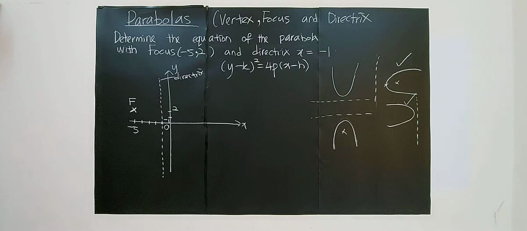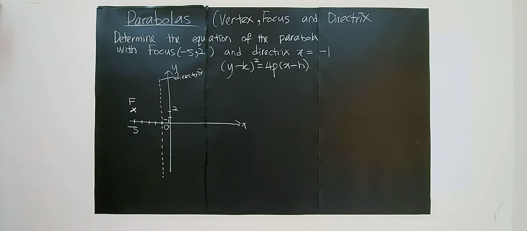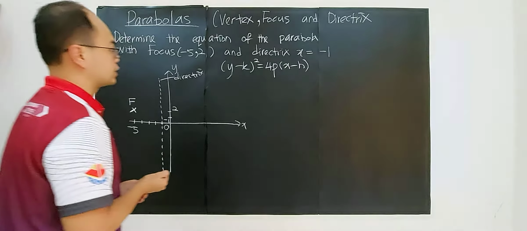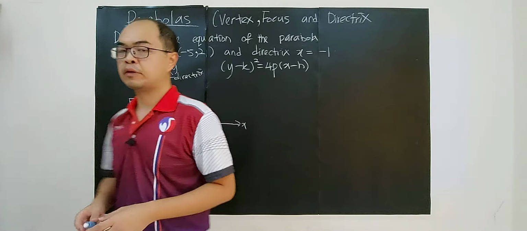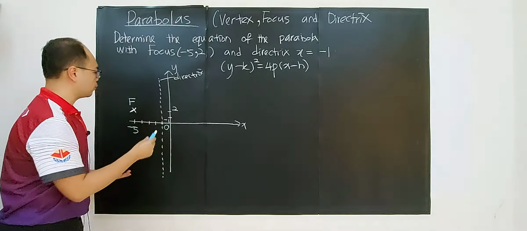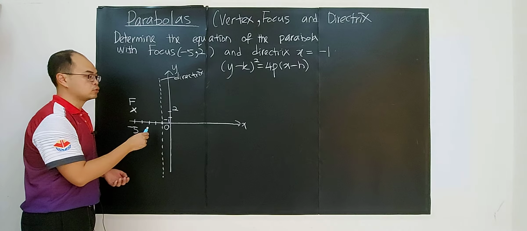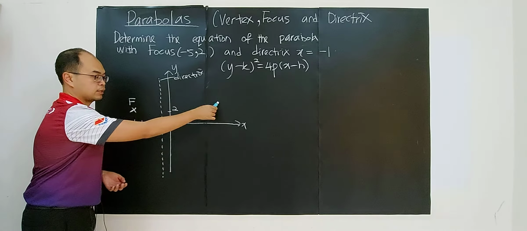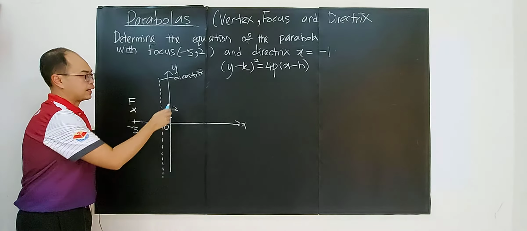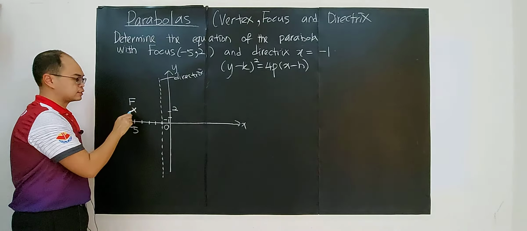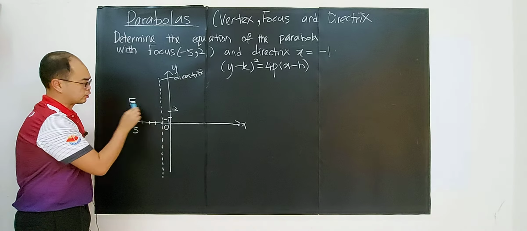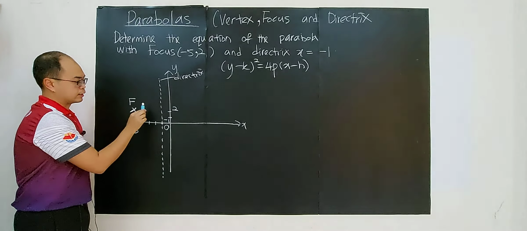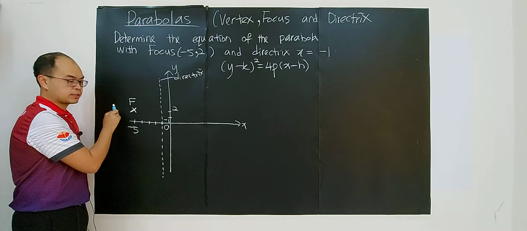Let's look at how to find the equation. So let's look at what's the vertex. We're not sure what the vertex is, but we know that this graph is either open to the right or open to the left. But try to think, is it possible for it to be open to the left or to the right? Like this is your focus, right? If this is your focus, the vertex is either here or here, right? But you know that the vertex will not be here, right? Because why?